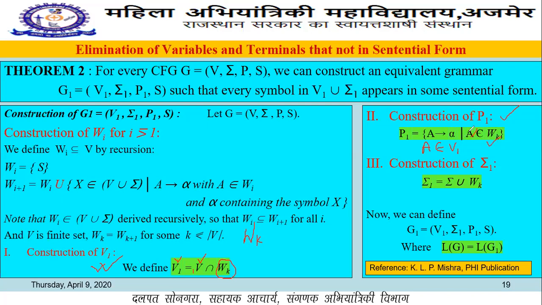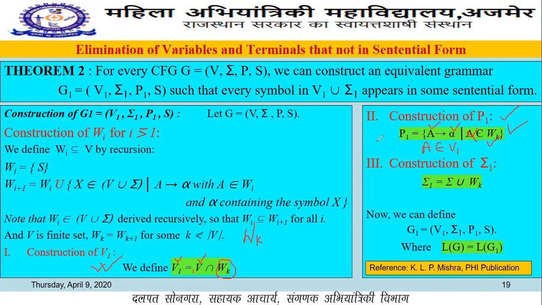You can write A belongs to Wk, this is also right, but more precisely you can write A belongs to the simplified set of variables, and alpha belongs to the set Wk.